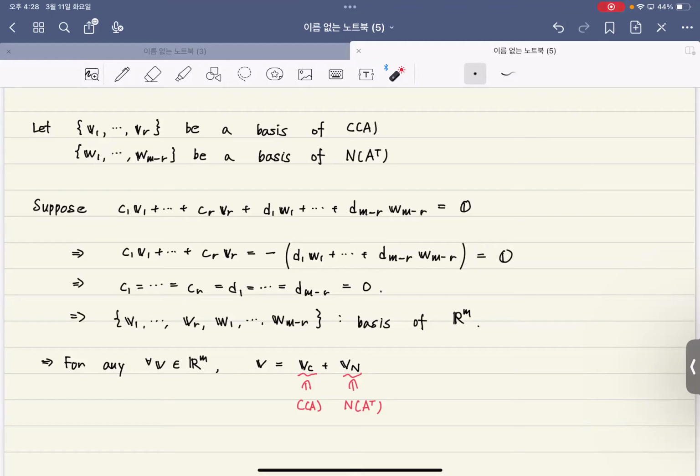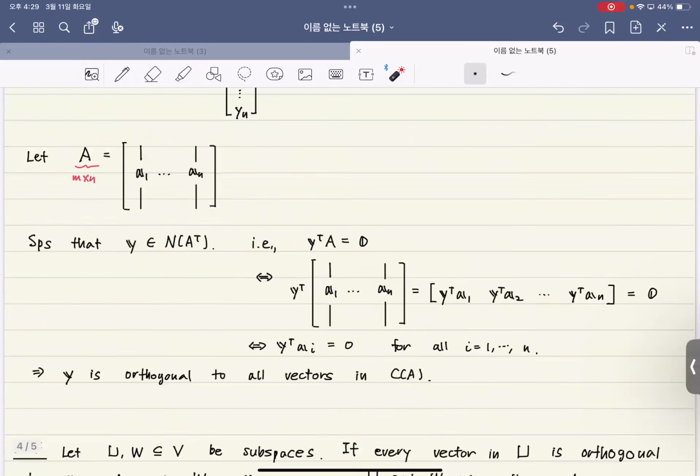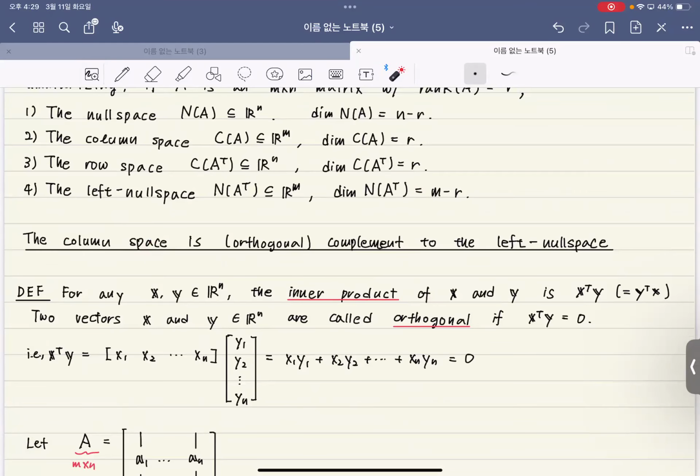And every vector in Rm can be uniquely decomposed as a sum of a column space vector and a left null space vector. So in this sense, I say those two spaces are complementary to each other. The column space and the left null space are orthogonal complements that live in the ambient space Rm.